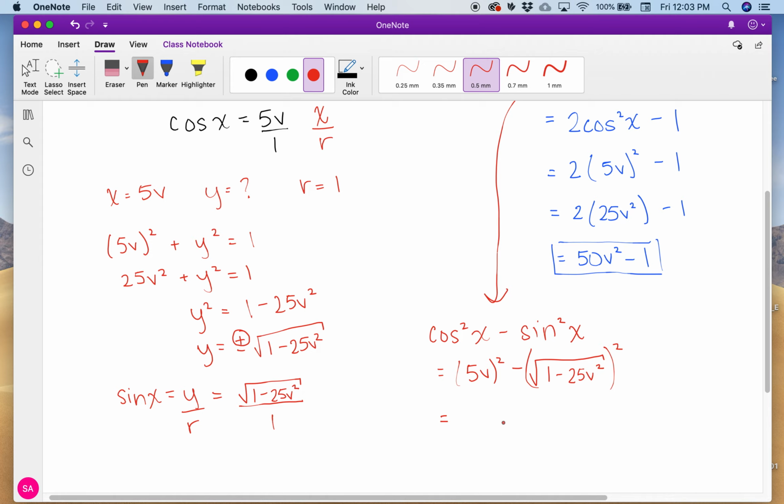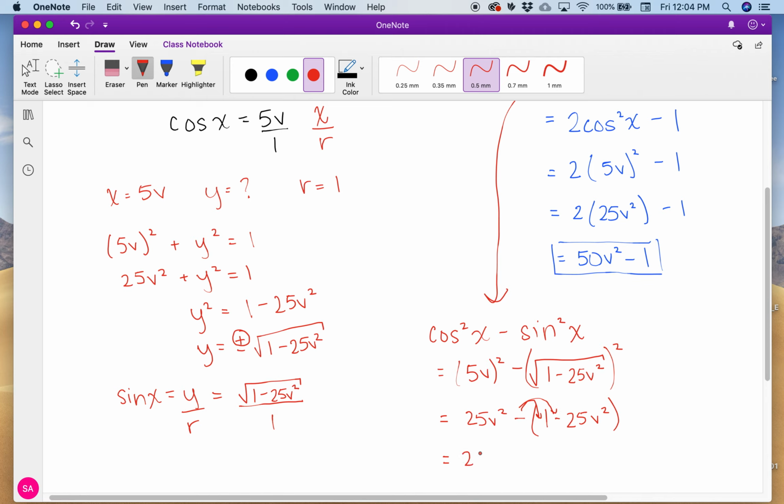So let's map this out. Square this, we get 25v squared minus, nice, when we square a square root, they cancel. We're left with what's underneath, but be very careful about parentheses here. I'm going to put parentheses around this, 1 minus 25v squared. You have to put those parentheses because this negative, we're going to have to distribute it to both pieces.